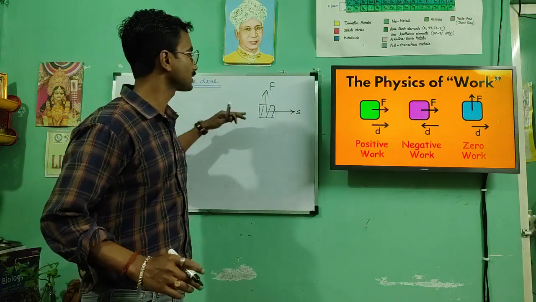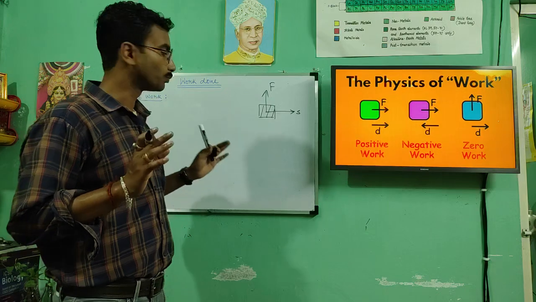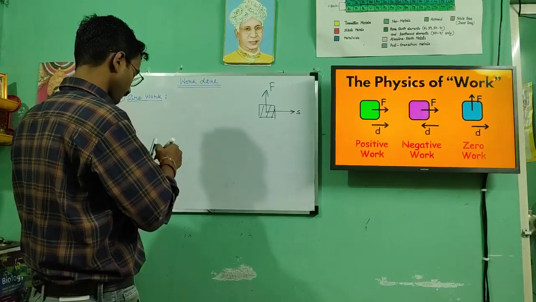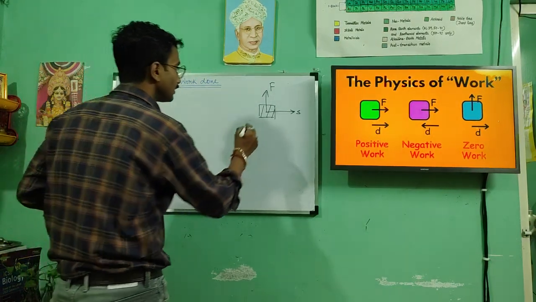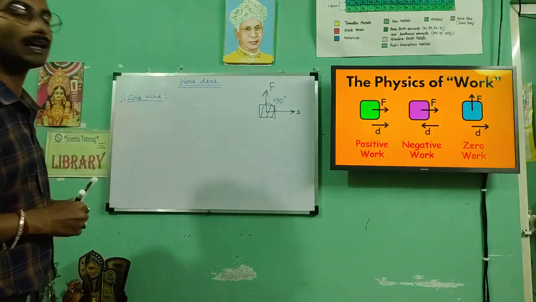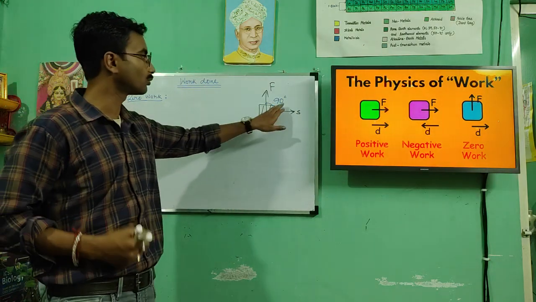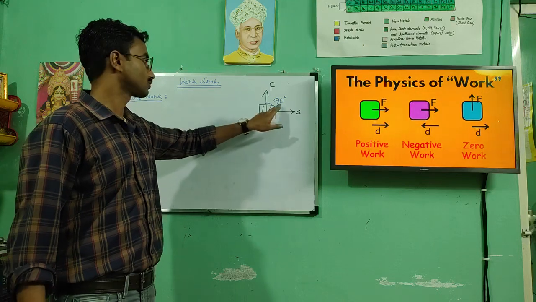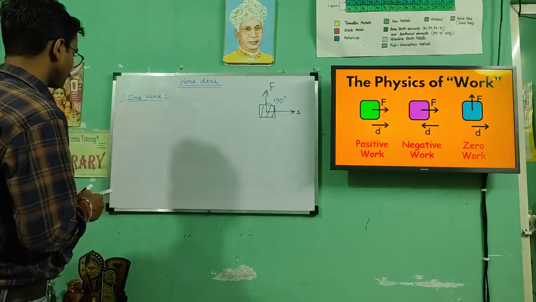Vertically we are applying force and horizontally the body has been displaced. Then the angle between force and displacement is 90 degrees.